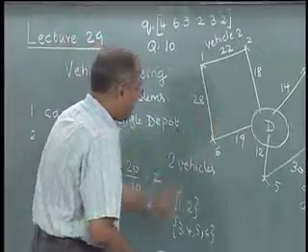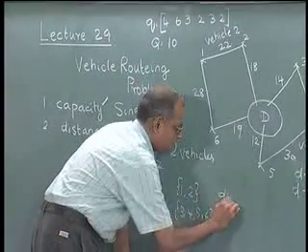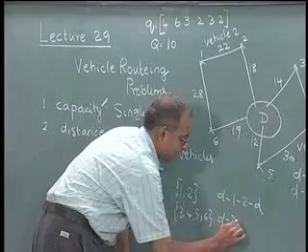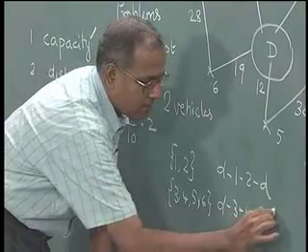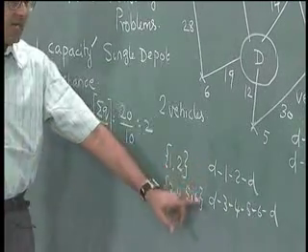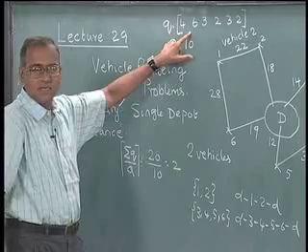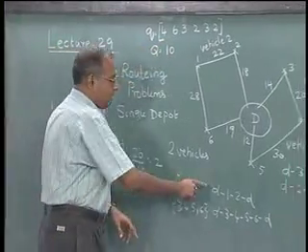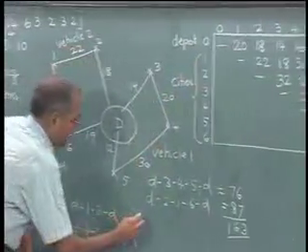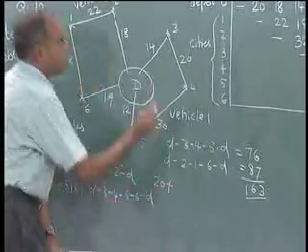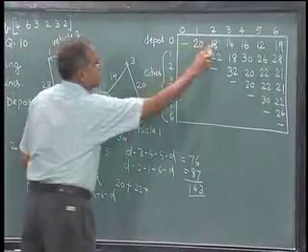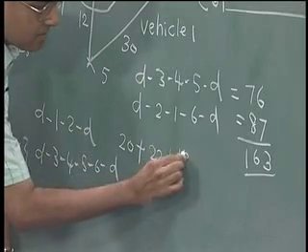Now, we may consider an allocation which is like this: D 1 2 D, D 3 4 5 6 D. Now, this satisfies the capacity restrictions also. So, D 1 2 D will have D to 1 is 20, 1 to 2 is 22, 2 to D is 18.